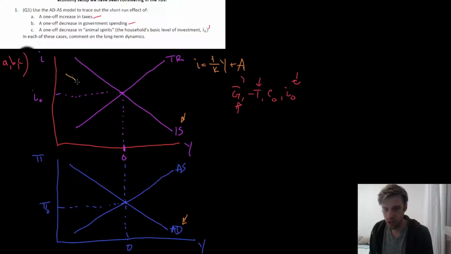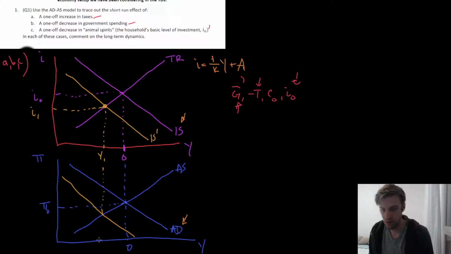So in every single case, we're going to have that the IS curve shifts left to IS prime, which implies a new interest rate, i1, and a new output gap, which I will just call y1. And likewise, the AD curve will also shift to the left, also to the same value of y, y1, and it will imply a new rate of inflation, pi 1.